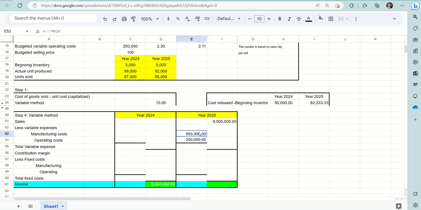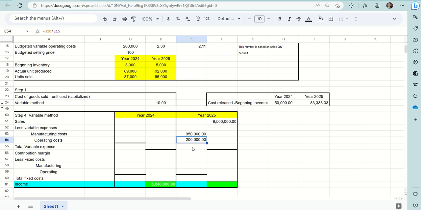How do you find this 950,000? We simply multiply units sold by the variable unit cost. That's $10. 95,000 times 10 gives you 950,000 in manufacturing costs with respect to variable expense.